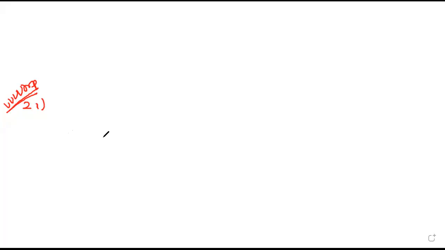The gravitational force of attraction between the planet and the star is proportional to r raised to minus 5 by 2. Then t square is proportional to what? T square means time square, huh? Hello? Sandesh, are you able to hear? Sandesh?